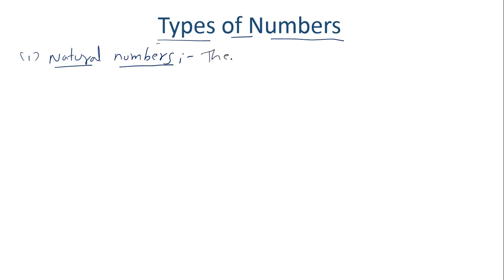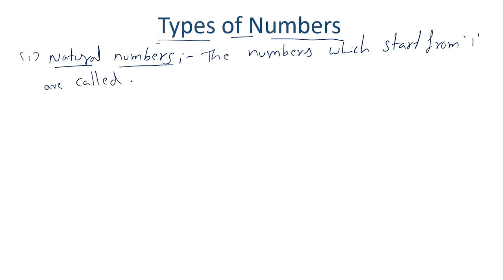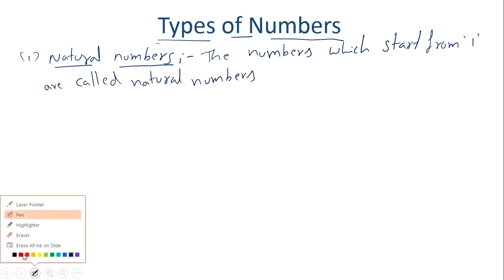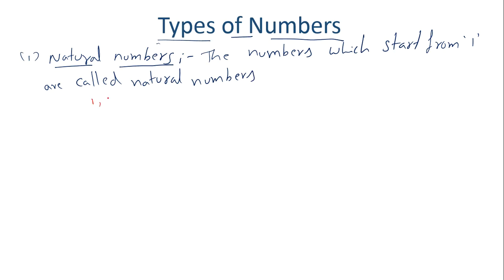For example, the numbers 1, 2, 3, 4, 5, 6, 7 and so on up to infinity are called natural numbers.